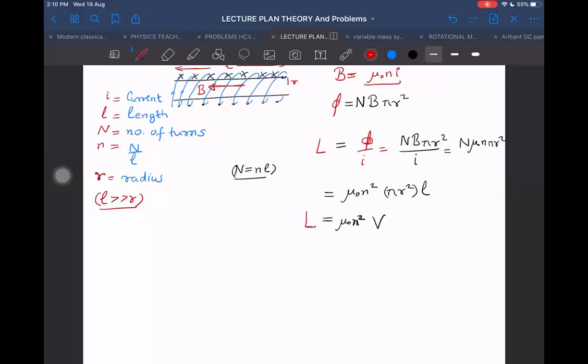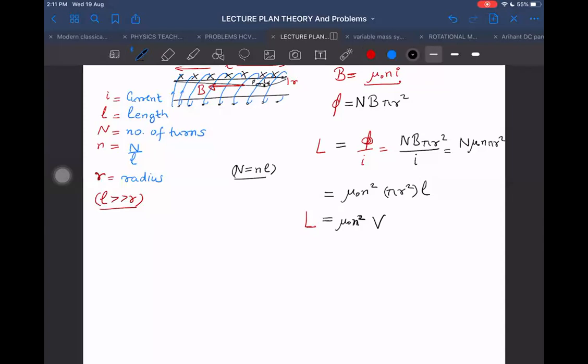I think I told you before that if I take some point on the axis of the solenoid and I take these angles, this angle is alpha on one side and the other side angle is beta. As long as these alpha and beta are nearly 90 degrees, then only this formula mu naught into small n into I is valid.